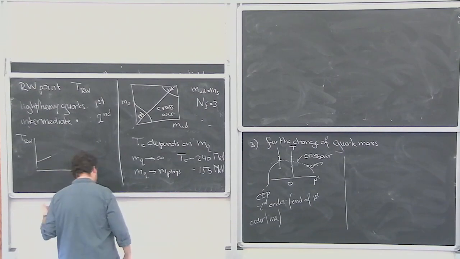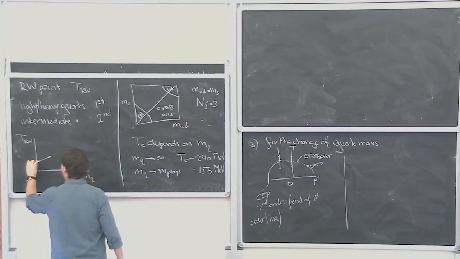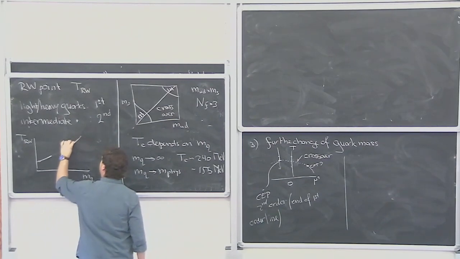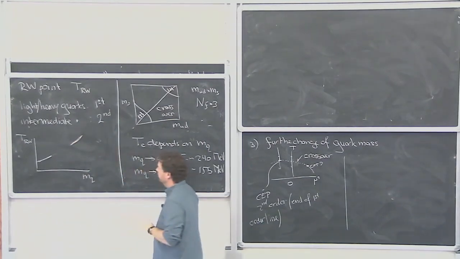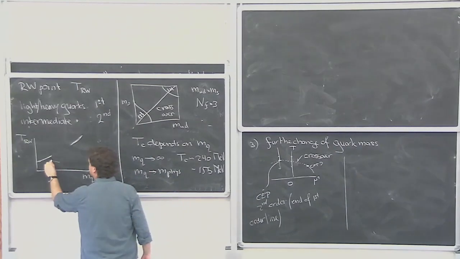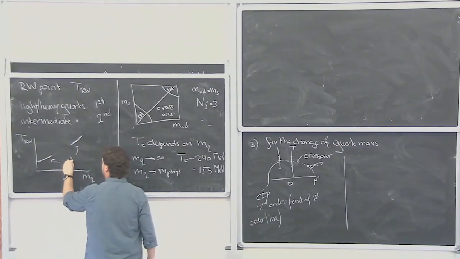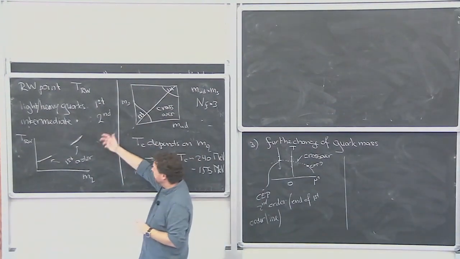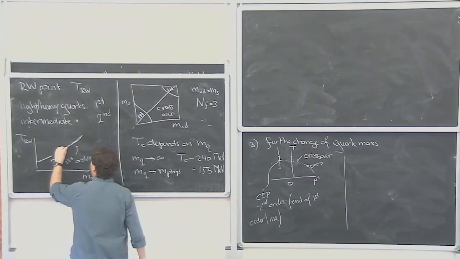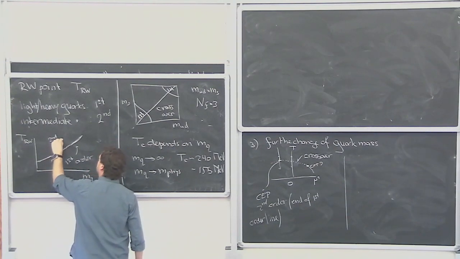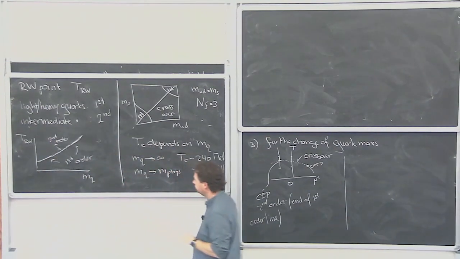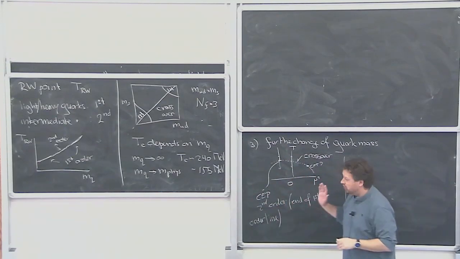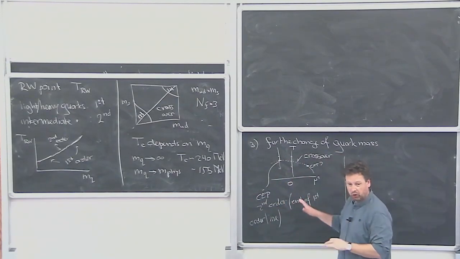Oops, this is very nice chalk to write, but the sound is less present. So for very light quarks and heavy quarks, it's a first order transition. So the Roberge-Weiss point is first order, whereas for intermediate quarks it was this critical endpoint, and it's a second order line. So here, in between, it's a second order transition. So we're now in a different plane, the plane of critical temperature and quark mass.